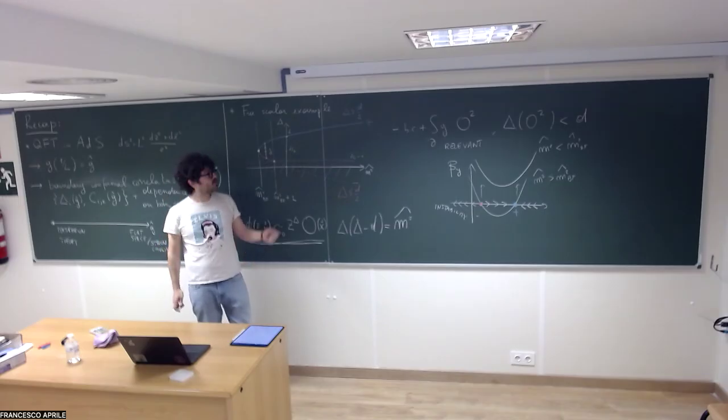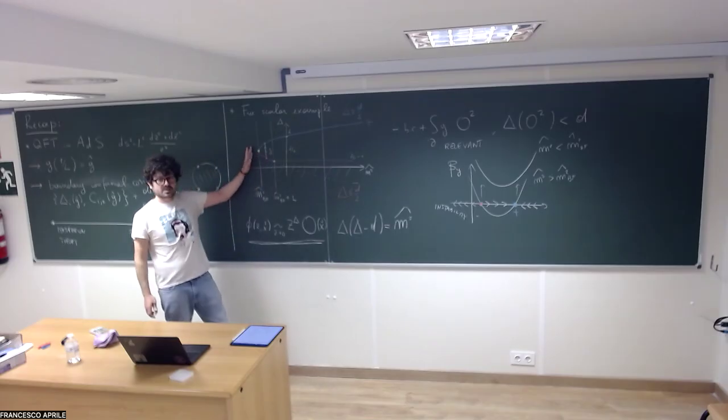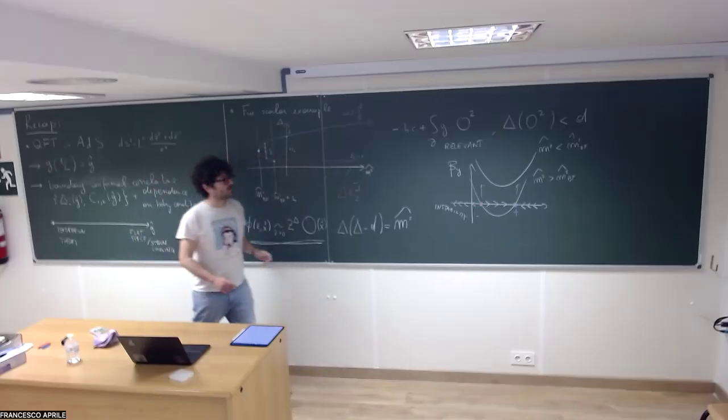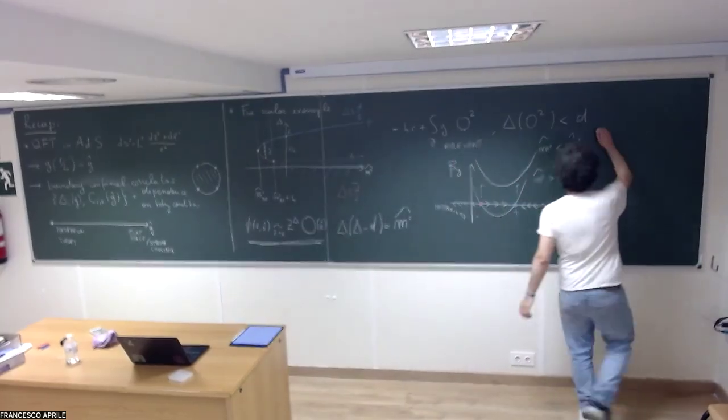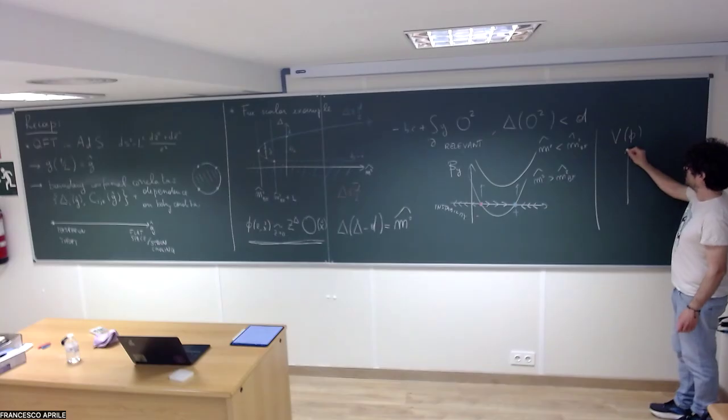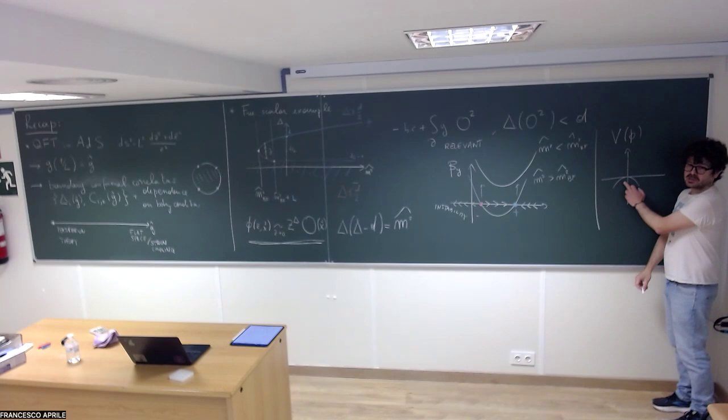There are cases in which, for instance, this instability in this part of the plot could be cured by adding a quartic coupling, right? Because if you add a quartic coupling, what is going on here? In the scalar potential, if I just do free theory, I took it to be just this, right? And when this m squared is too negative, you have instability.